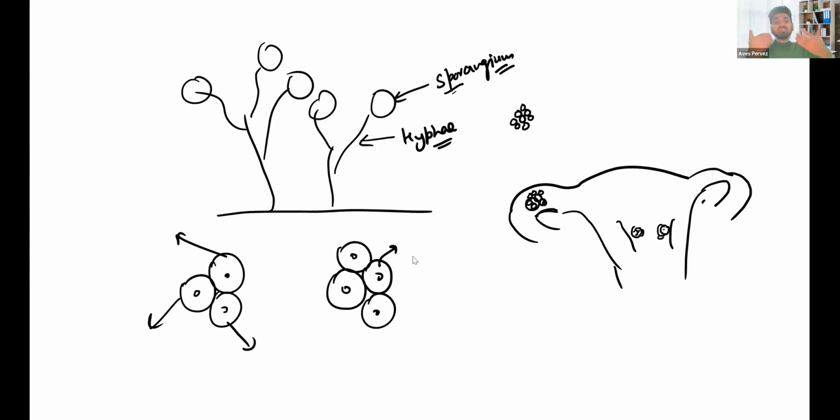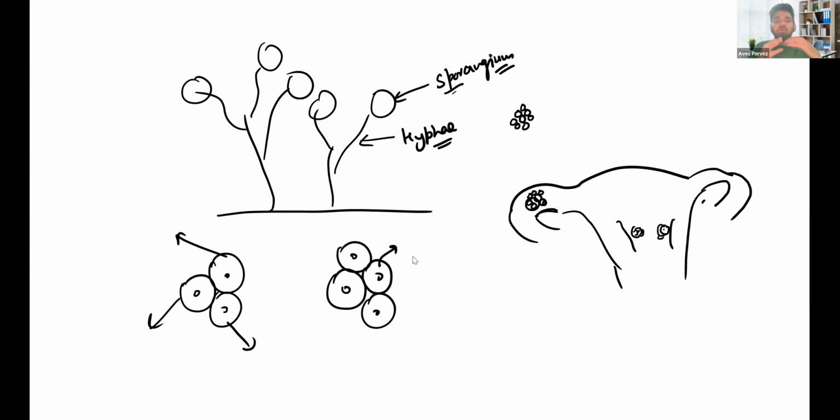Since variation is taking place, it provides this survival advantage. The more the variation, the more the survival advantage, and more variation takes place in the sexual method of reproduction. Now you understood? Yes, sir.